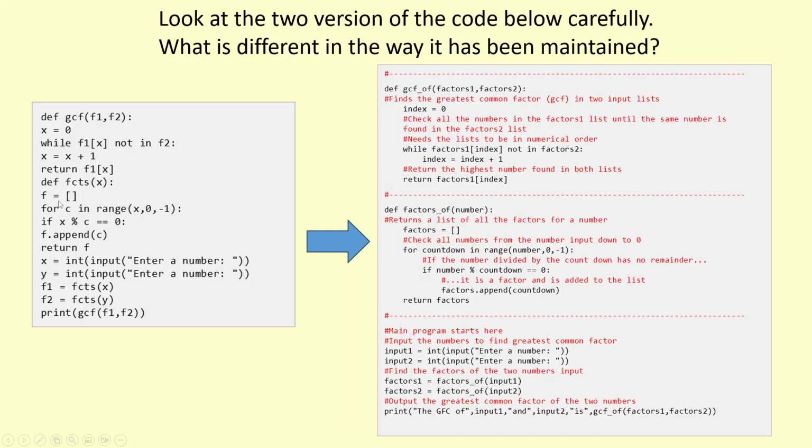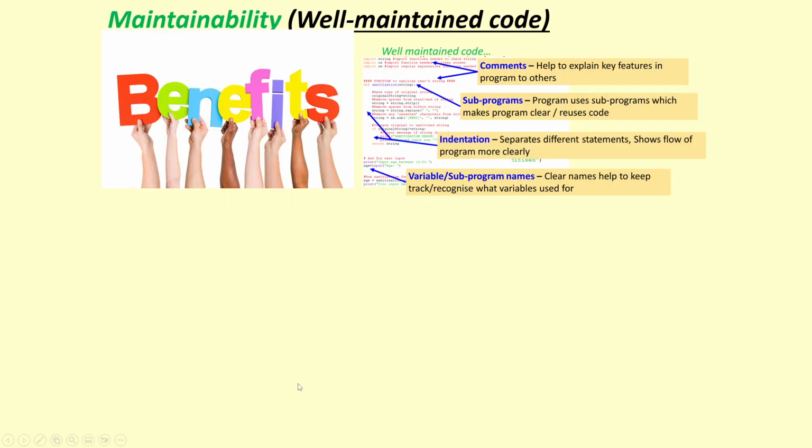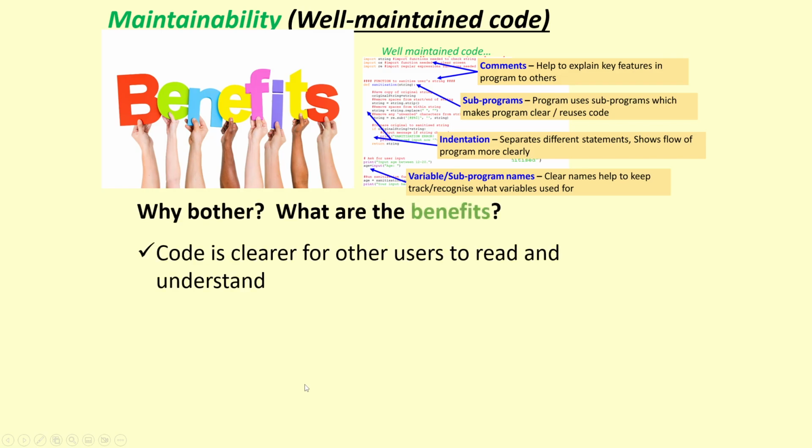So you can see here before and after. On the left, the badly maintained code, and on the right, the same code that's been split up into subprograms, again with comments and suitable variable names, so it's easy to understand for anyone looking at it. Why though? Why is it important to maintain code? What are the benefits?